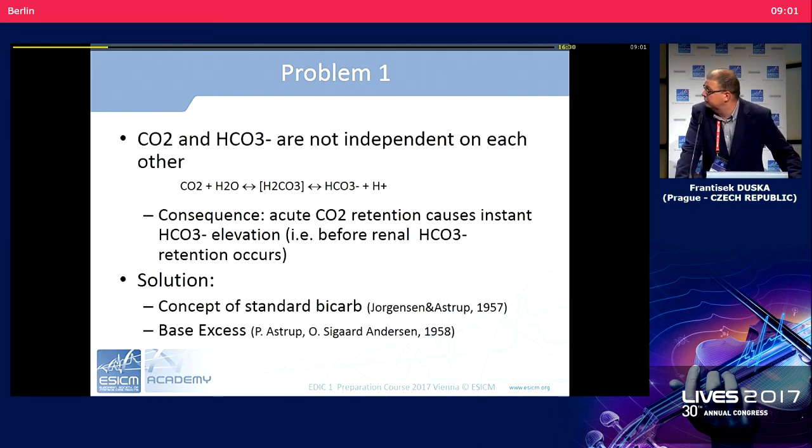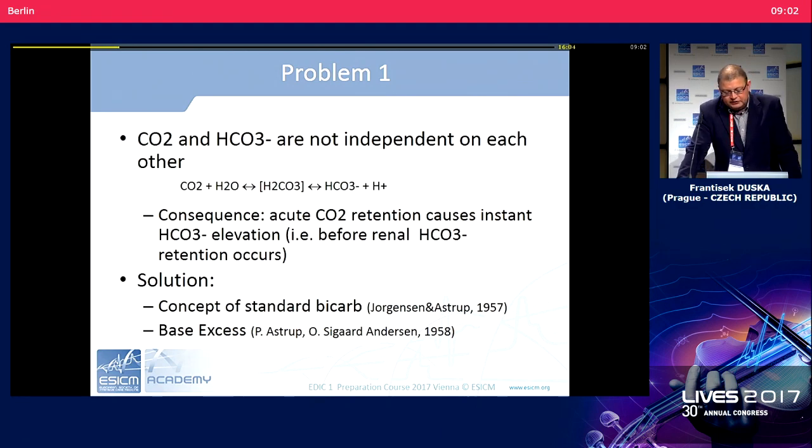The first problem was elegantly solved in the late 50s. If you have an isolated deviation of CO2, suggesting a pure respiratory disorder without any metabolic component, then bicarbonate still goes high if CO2 goes high, because of the shifts in this equation.